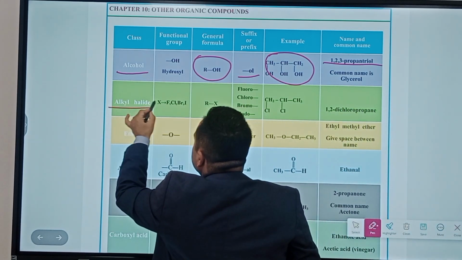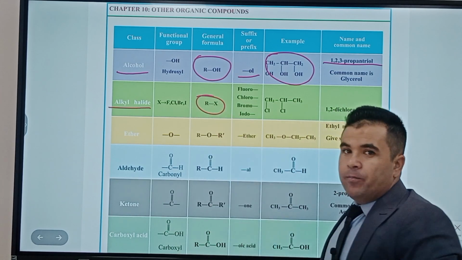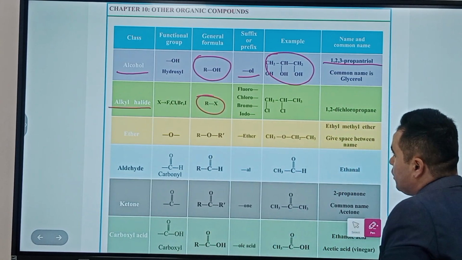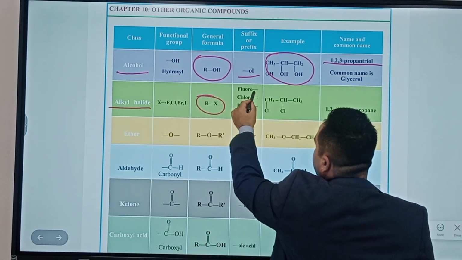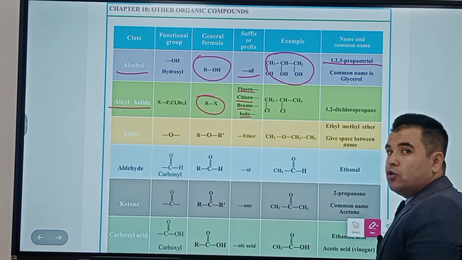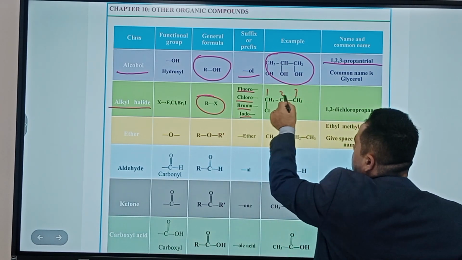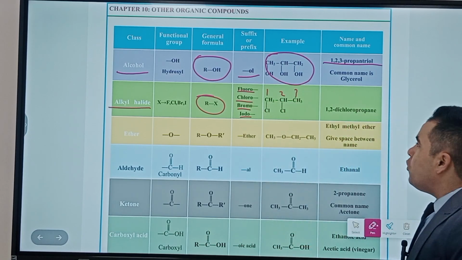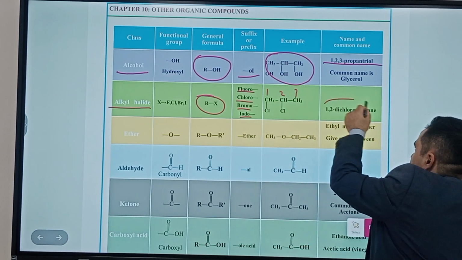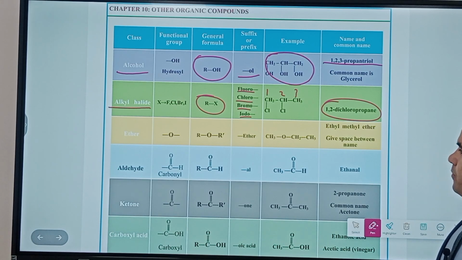Alkyl halides have the general formula RX and take fluoro, chloro, bromo, iodo as prefixes. Here we have 1,2-dichloropropane, which is the name written here.